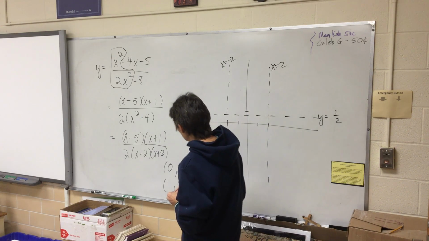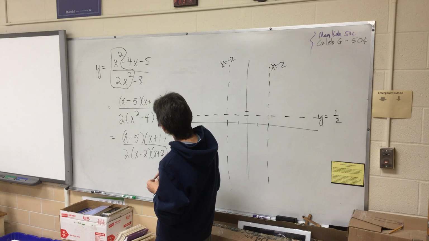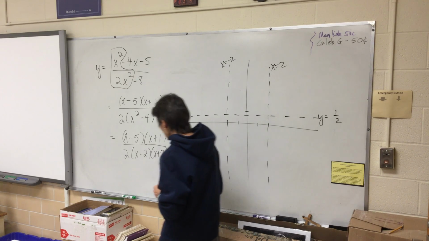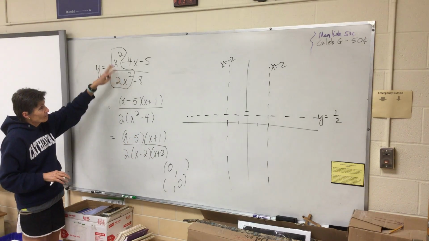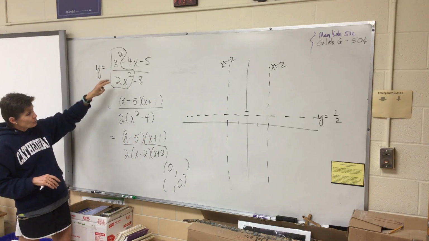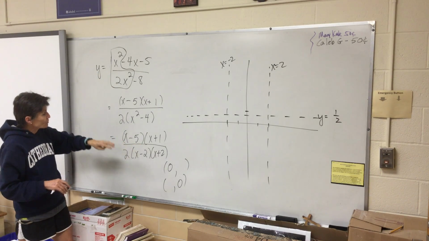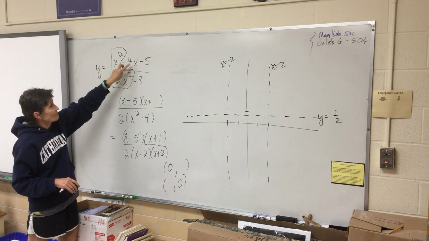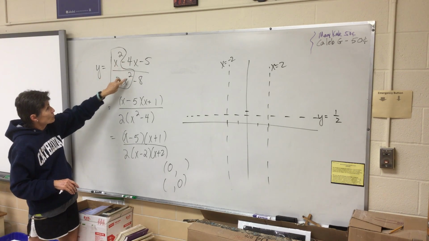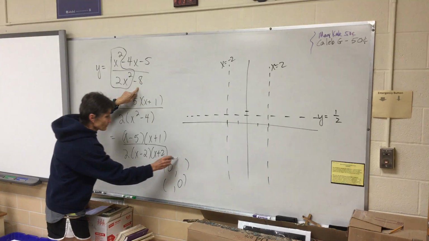So, if we put 0 in for x, you can do it here, or you can do it up here. I like to do it up here because there isn't as much. I know that if I put in zeros, all of this disappears, and all I have left is 5/8.